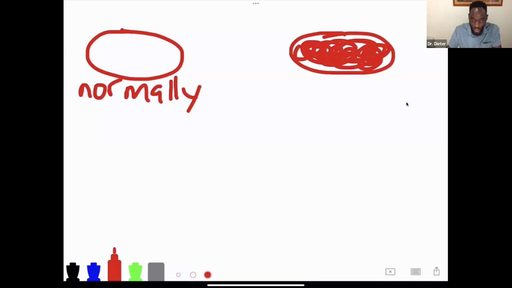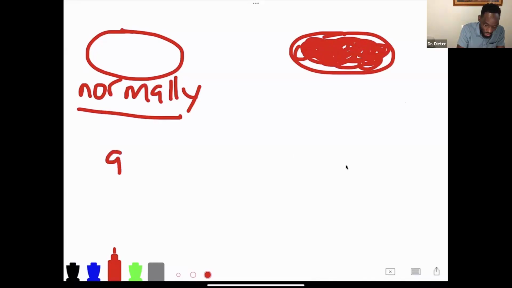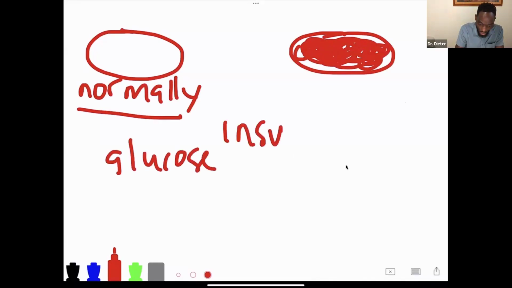Why is that no bueno? That is no bueno for the reason that the main function of the cell is to take glucose from the blood, right? So normally when this cell is normal like that, when you have glucose in the blood, insulin is going to instruct the cell, hey, I have glucose in the blood, take up that glucose.